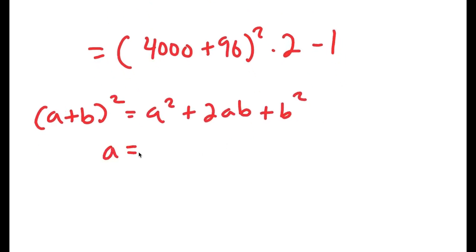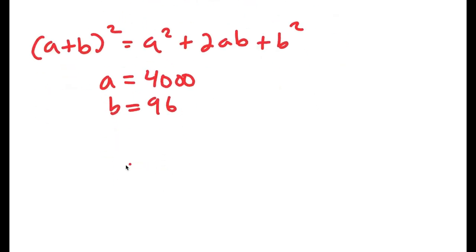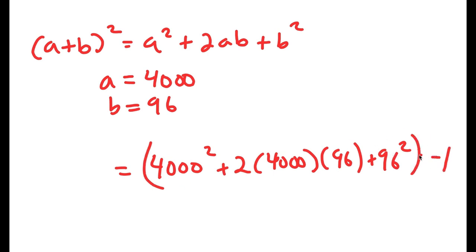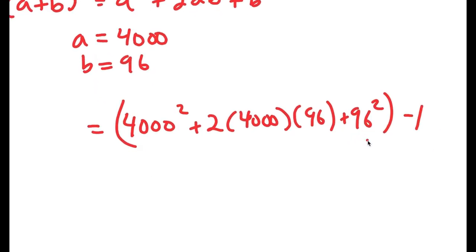So in this case, a is 4000 and b is 96. So this turns into 4000 squared plus 2 times 4000 times 96 plus 96 squared. And I have all of this, oh, sorry, all of this times 2 minus 1.